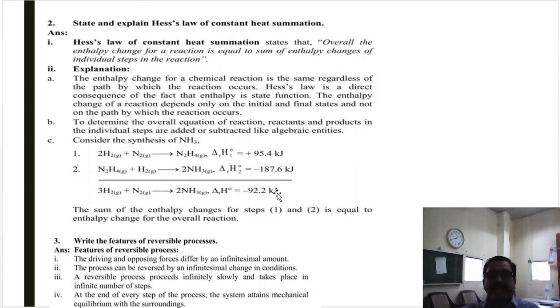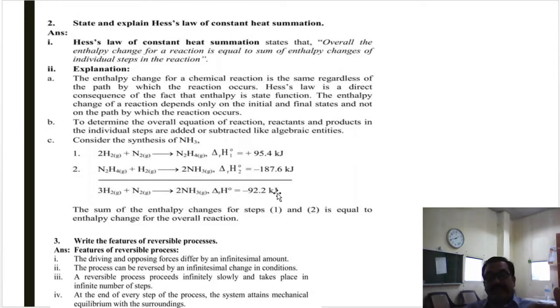The enthalpy of reaction, delta rH1, is equal to plus 95.4 kilojoules. In the second step, this product N2H4 again reacts with hydrogen gas, and for 2 moles of ammonia, the enthalpy of reaction is equal to minus 187.6 kilojoules per mole.